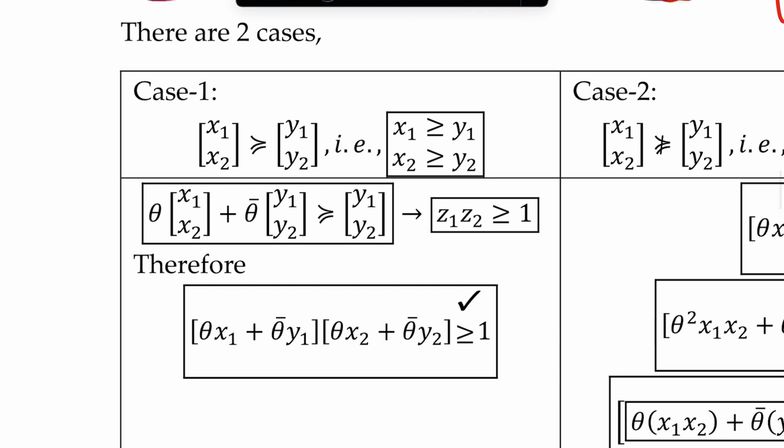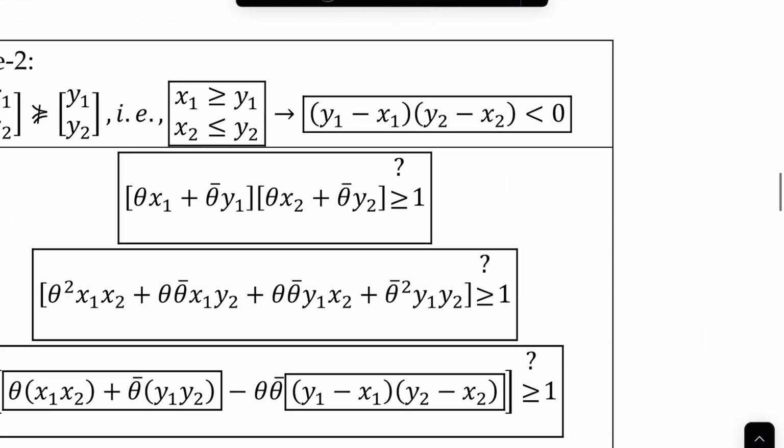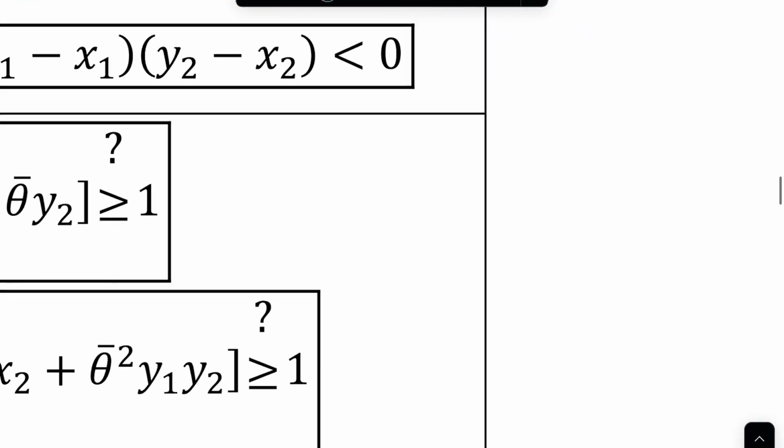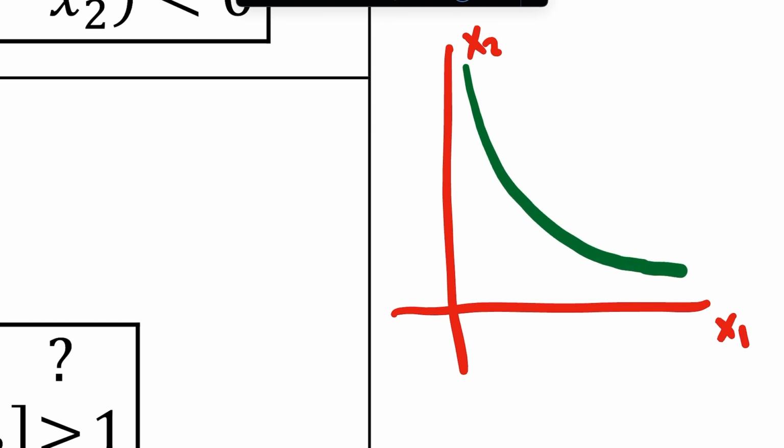And so there are two cases, actually, that are going to be challenging for me to explain. Let me try to talk about something. This is x1, this is x2. All right, let's change the colors.